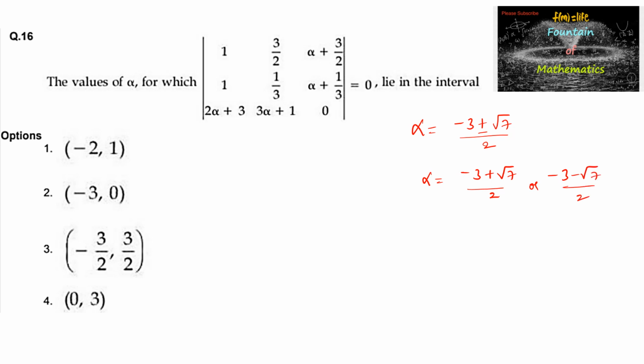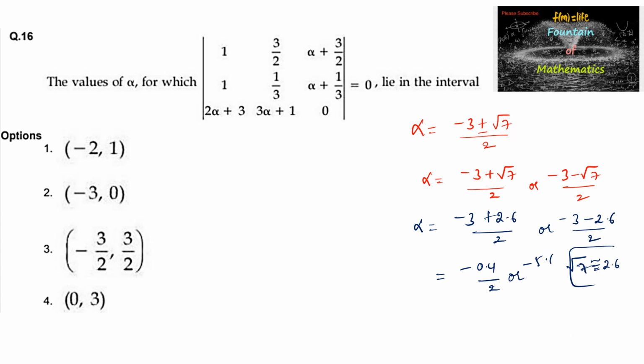and we know the approximate value of root 7 is 2.6 approximately, we can say. So we can write alpha is equal to minus 3 plus 2.6 upon 2, or minus 3 minus 2.6 upon 2, which is equal to minus 3 plus 2.6 is minus 0.4 upon 2, or minus 5.6 upon 2, or we can write minus 0.2 or minus 2.8.